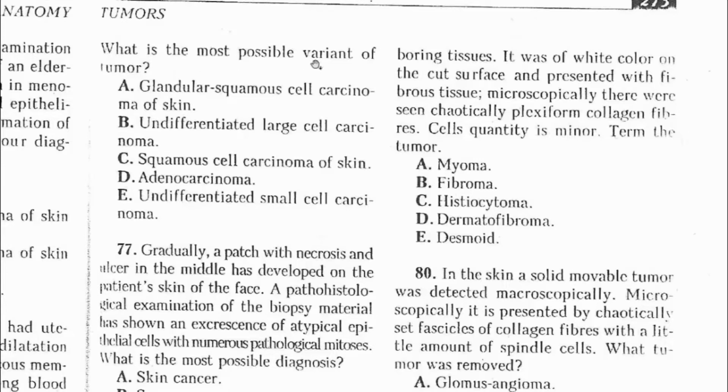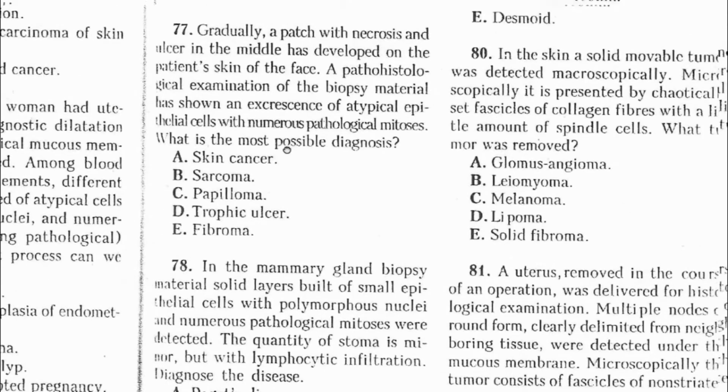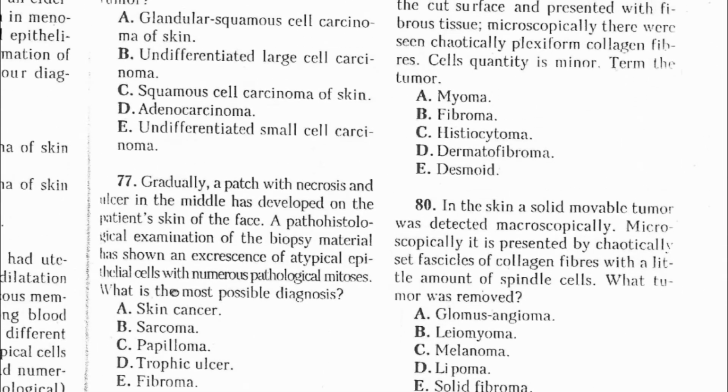So with this description, our answer should be undifferentiated small cell carcinoma or oat cell carcinoma. So your clue here was the arrangement in strata.